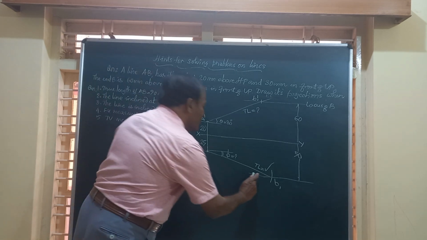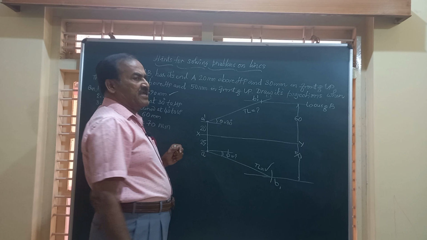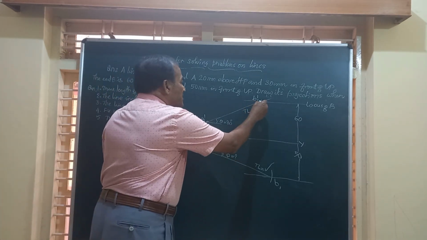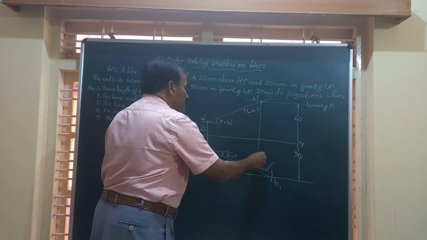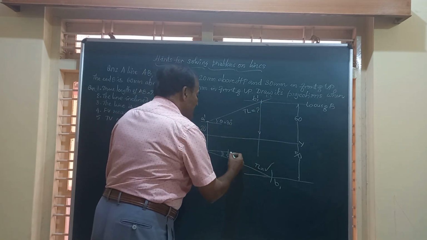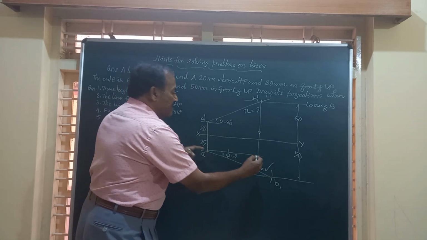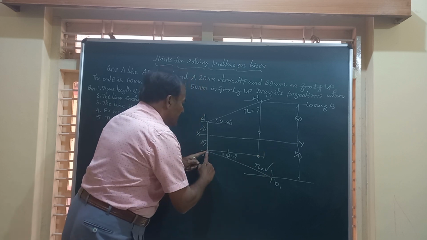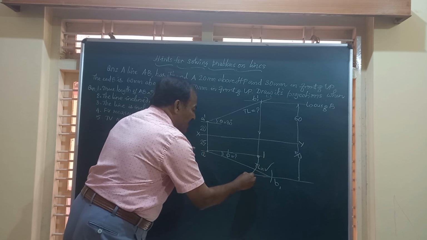Now friends, with this information, let's see how to complete the problem, how to obtain the projections of the line A dash B dash and AB. When you have this point, draw a vertical line from there downwards till it intersects the locus of the end A here. We'll call this point 1. Now, taking A as center, A1 as radius, we can draw an arc.